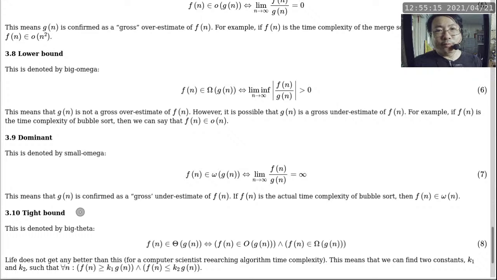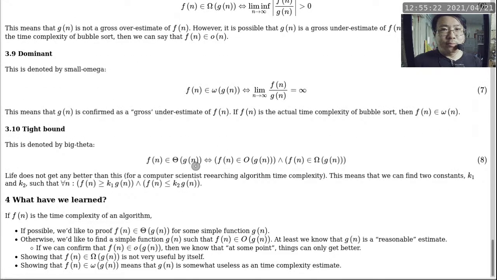So what does it mean when we use big theta? Big theta is saying if f of n is in the big theta of g of n, it just means that g of n is both an upper bound, when we use the big O, and also a lower bound, when we use the big omega, of f of n.